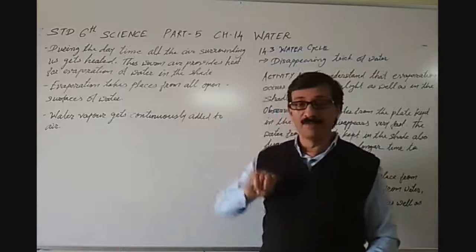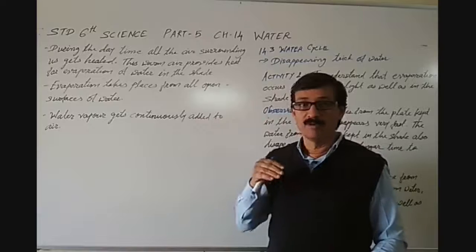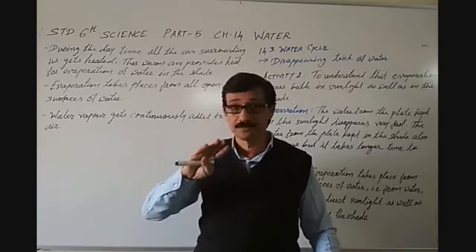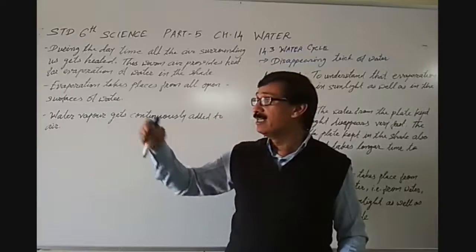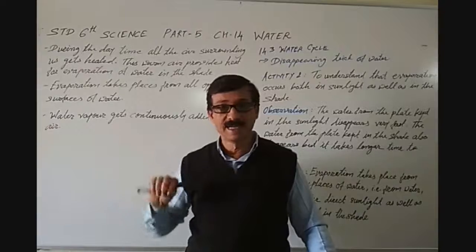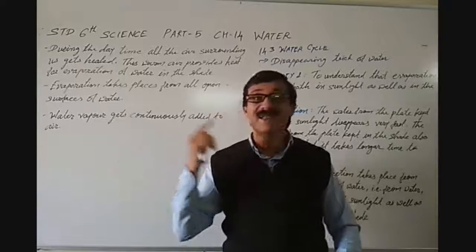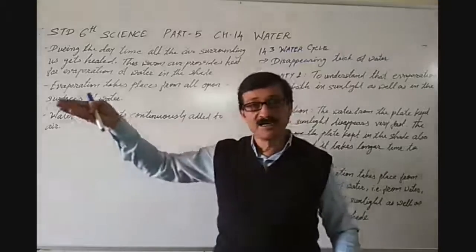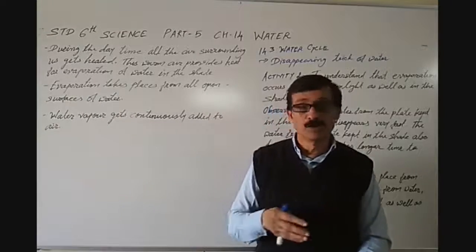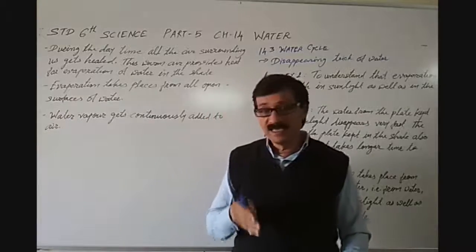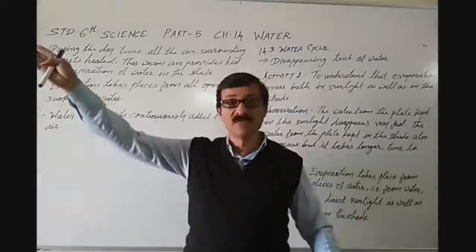Okay, let me tell you more briefly. See, the air in the sunlight will get heated, and air currents are there in the shade also, so that warm air comes over here and the air over here will go somewhere in the sunlight.